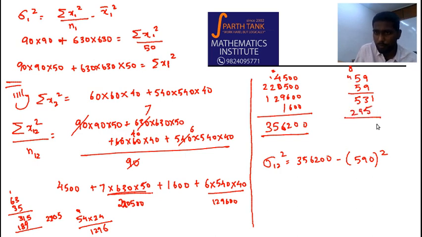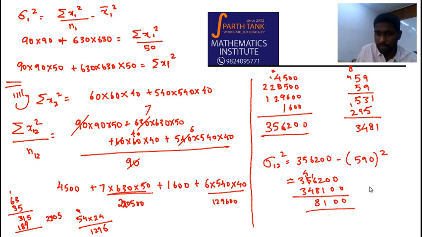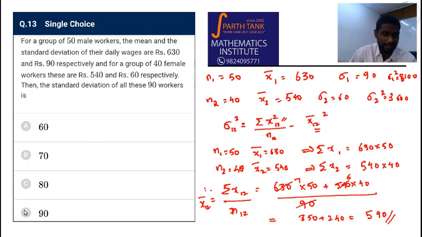So this would give me 348100. So 356200 minus 348100 is 8100. So sigma is going to be the square root of 8100, which is 90. At least we get a nice and round number. So the answer is 90, option D.